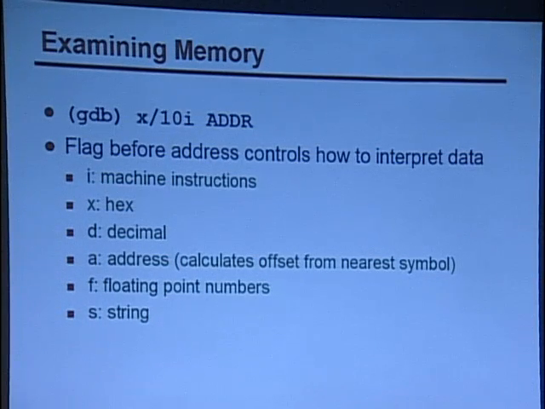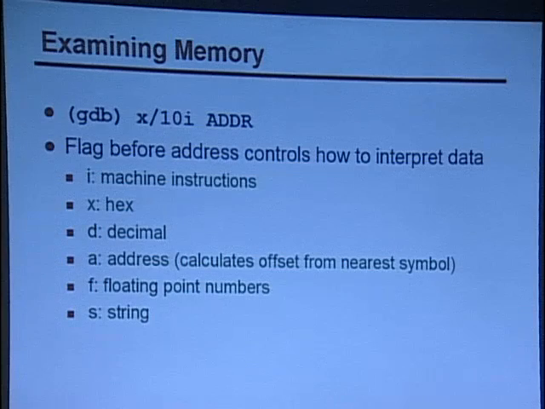So you can interpret any particular block of memory as, for example, a series of machine instructions. Then GDB will tell you what the instructions are, as if you were looking at an assembly listing. You can ask GDB to interpret the memory as if it were an array of integers and print them out either in hex or in decimal. You can ask GDB to display the data as if they were addresses or floating point numbers.